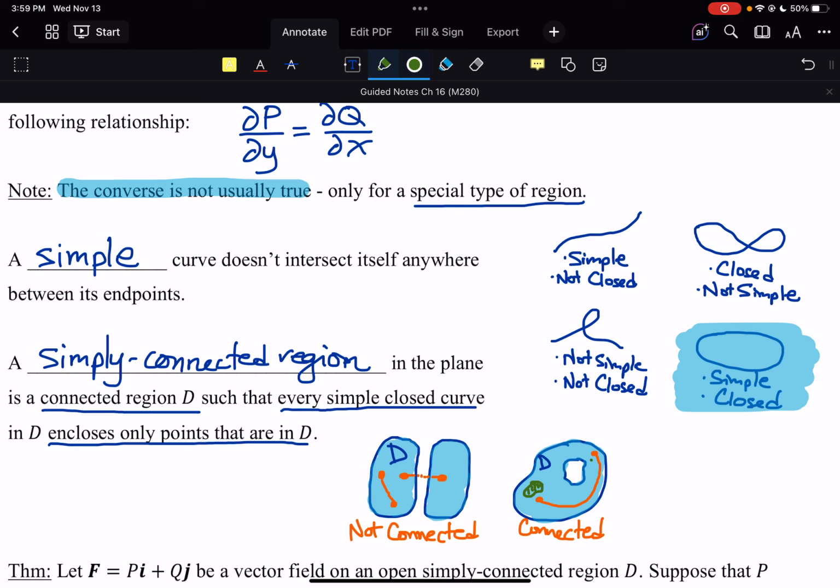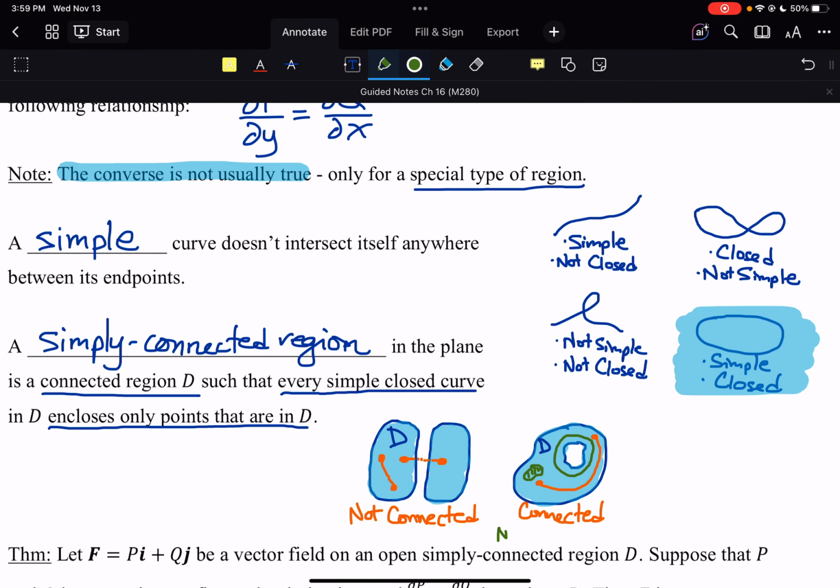But I could also just as easily draw one like this, and now it's got all these points in this gap here that are not in D. So that means that this is not simply connected.